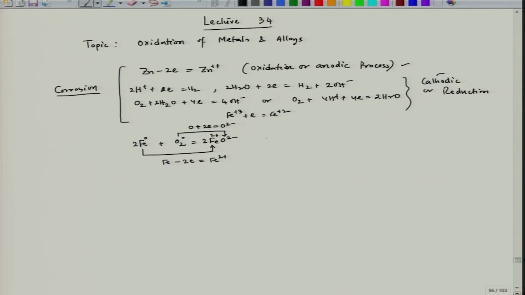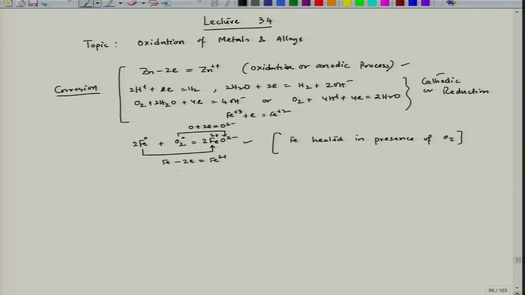Now, in the gaseous oxygen case, this reaction is an iron piece heated in presence of oxygen, and I could say this is dry oxygen. So, then I can have this reaction.